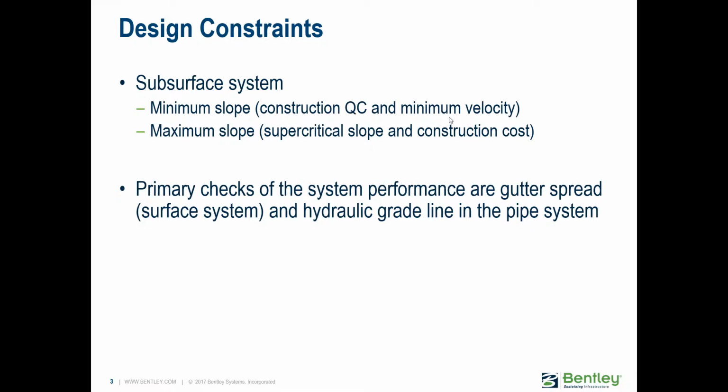That's one of the big ones because, as we talked about yesterday, in gravity systems we want gravity to do the work, right? So we don't want to have to pump anything. So we rely on slope to move the flows along.